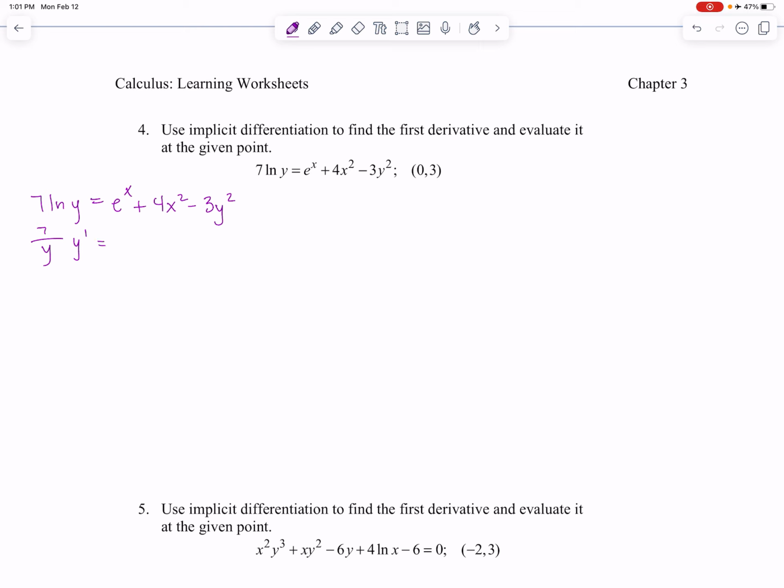Then we have the derivative of e to the x is itself, e to the x, plus the derivative of 4x squared, 4 times 2 is 8, 8x. Derivative of 3y squared, 3 times 2 is 6y. And then the chain rule, y prime, the derivative of y.